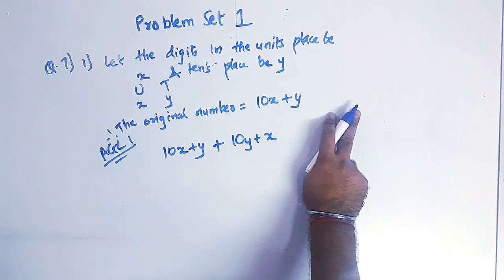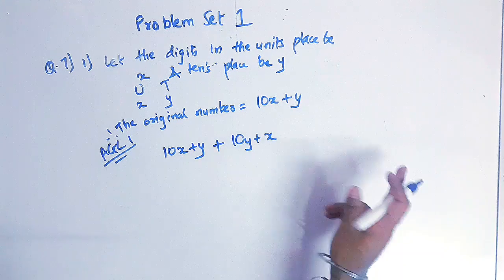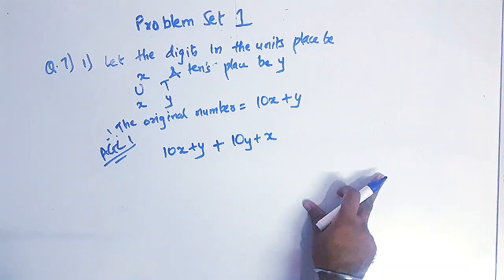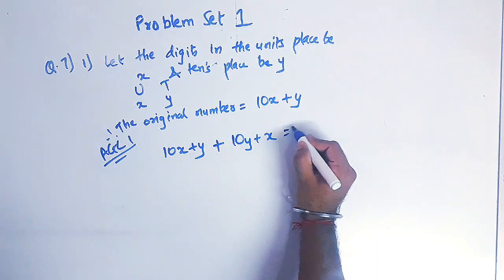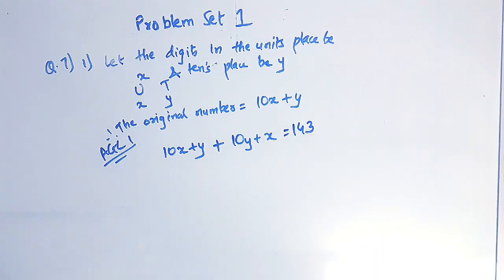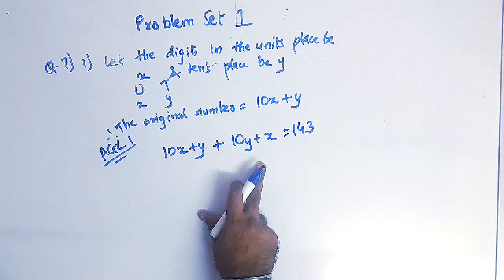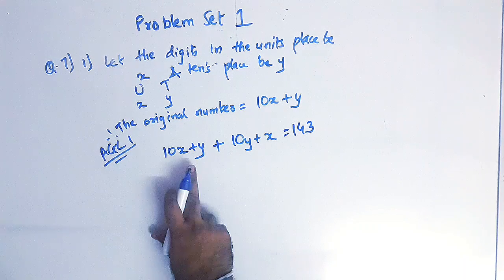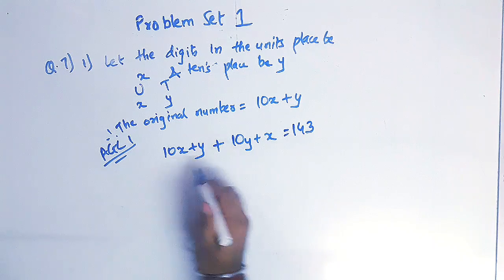Like if 52 is given, 52 will become 25, 2 will come in the tens place, 5 will come in the ones place. So 10x plus y and 10y plus x equals 143. If the digits of a 2-digit number are interchanged and added, then their sum is equal to 143.